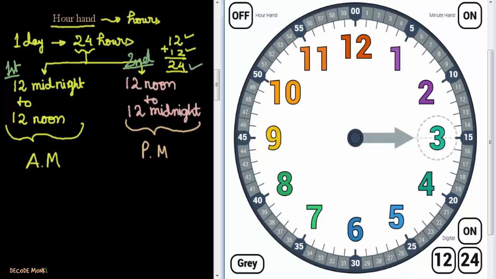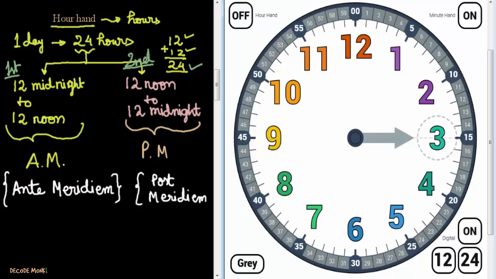Now let me tell the full form of these two abbreviations. AM is anti meridian, and PM is post meridian. These are Latin words, and anti meridian means before midday.